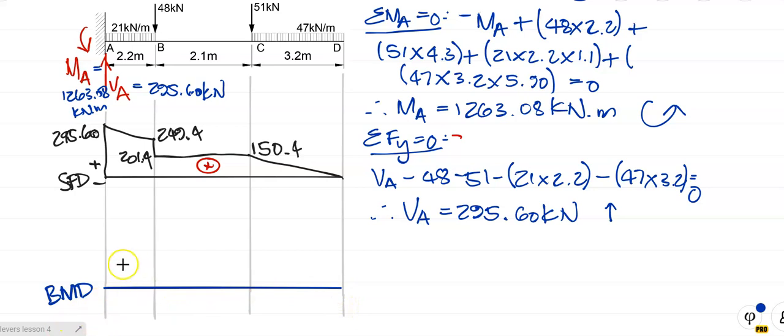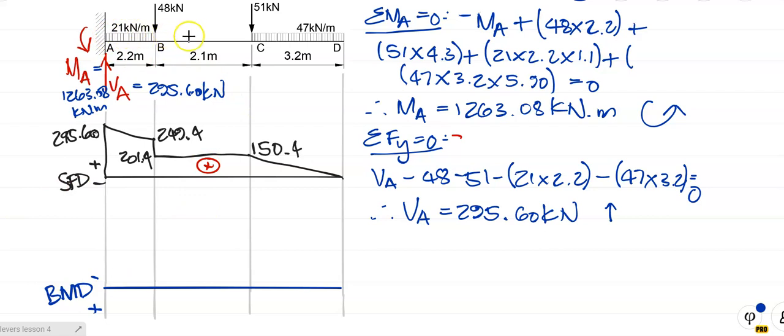And of course we know the convention is reversed for the bending moment diagram. So at the top is minus, at the bottom is plus. Why? Because in South Africa we plot on the tension side of the beam. Okay. And where's tension going to be for a cantilever?